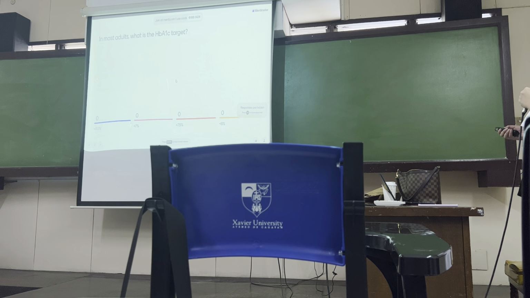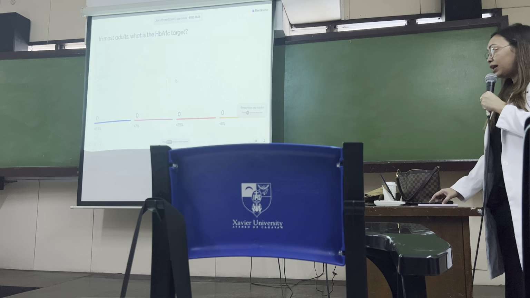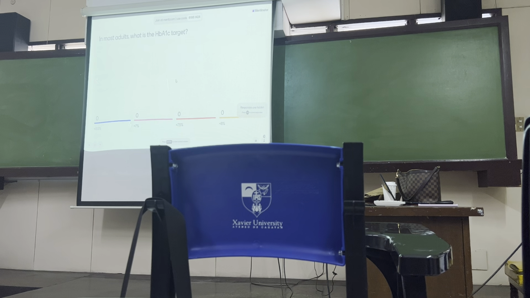So speaking of A1C, in most adults, what is the HbA1c target? Key in your answer. 6.5, less than 6.5, less than 7, less than 7.5, less than 8.